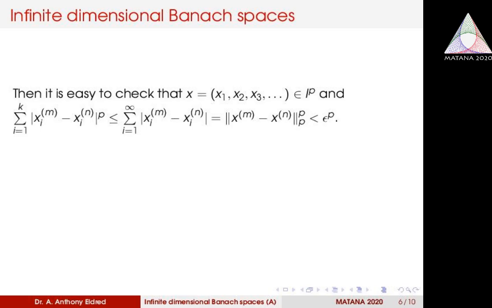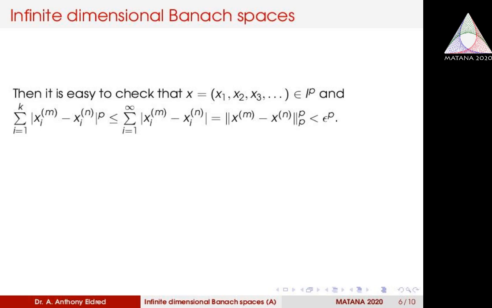So we can take n tends to infinity, and we know that xi^n converges to xi. Therefore summation i equal to 1 to k, modulus of xi^m minus xi to the power of p is less than epsilon to the power of p.